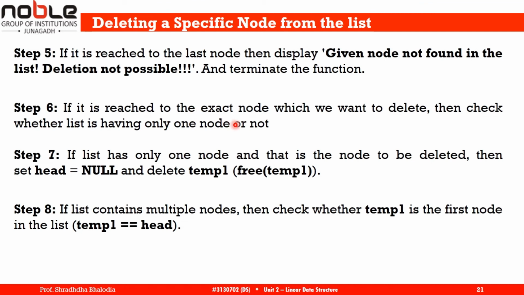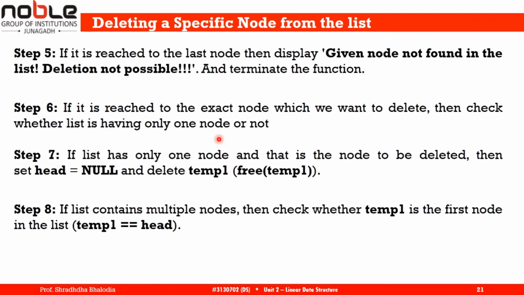If it has reached the exact node which we want to delete, then check whether the list has only one node or not. Right? If it has reached the specific location, then we need to check, as in the previous algorithm, whether the list has only one element.